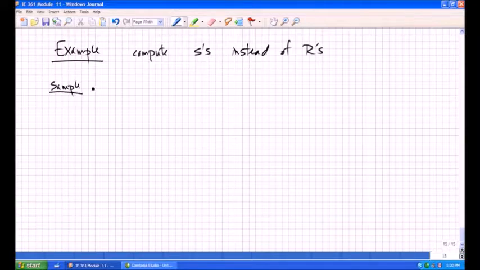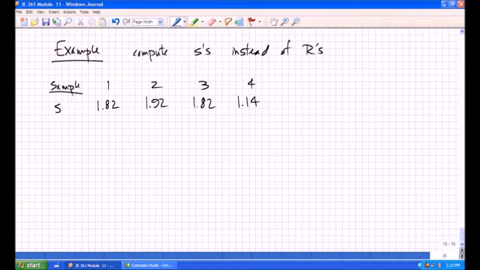So sample 1, 2, 3, and I'm not going to write these all out, but sample standard deviations are like 1.82, 1.92, 1.82, the fourth one is 1.14.